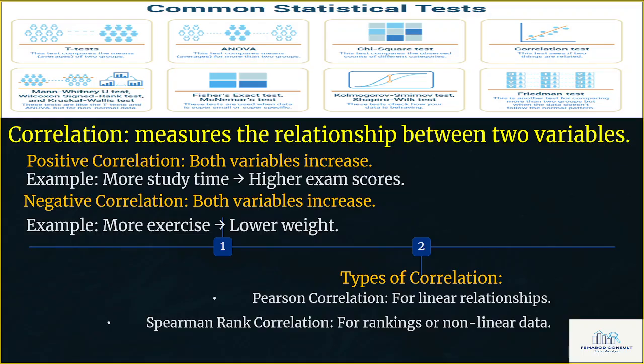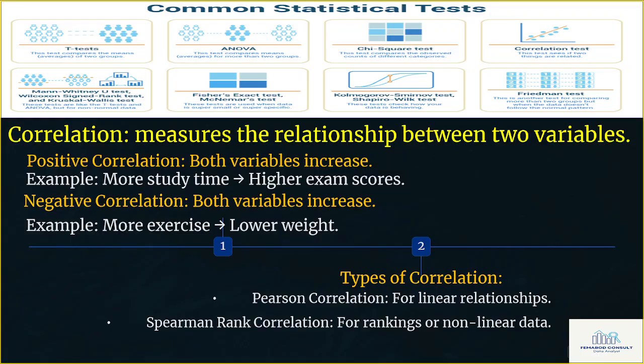And there are different types of correlation, like statistical tools for correlation. We have Pearson correlation. Pearson correlation is for linear relationship and is one of the most common. So for linear relationship, you are trying to see how two things relate with each other. Then Spearman rank correlation is for ranking or non-linear correlation.